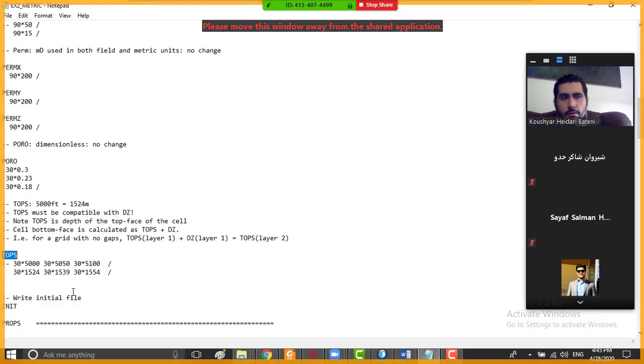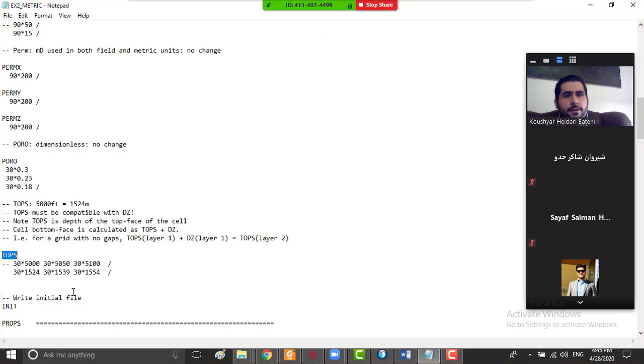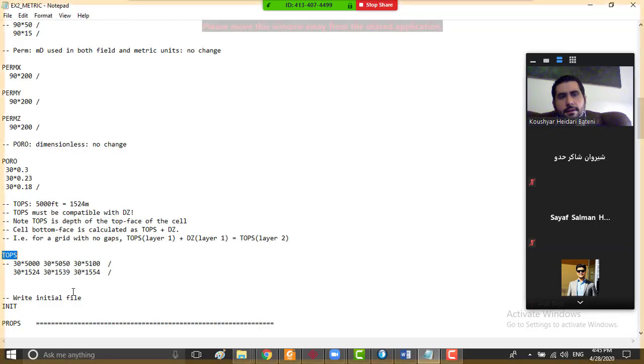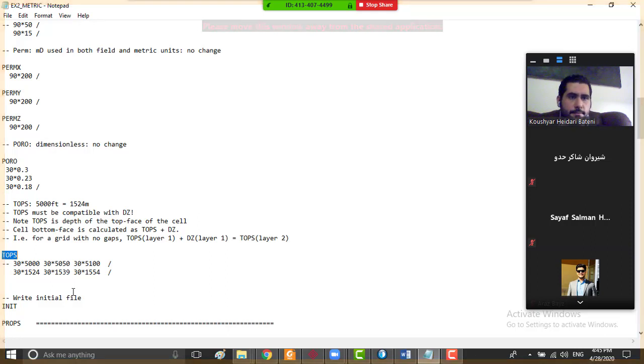It is going to be equal to this 5,000 plus the thickness of the first layer. The thickness of the first layer was 50 feet. For the 30 blocks in the second layer, the depth is going to be 5,000 plus 50 feet, which is 5,050 feet, right?